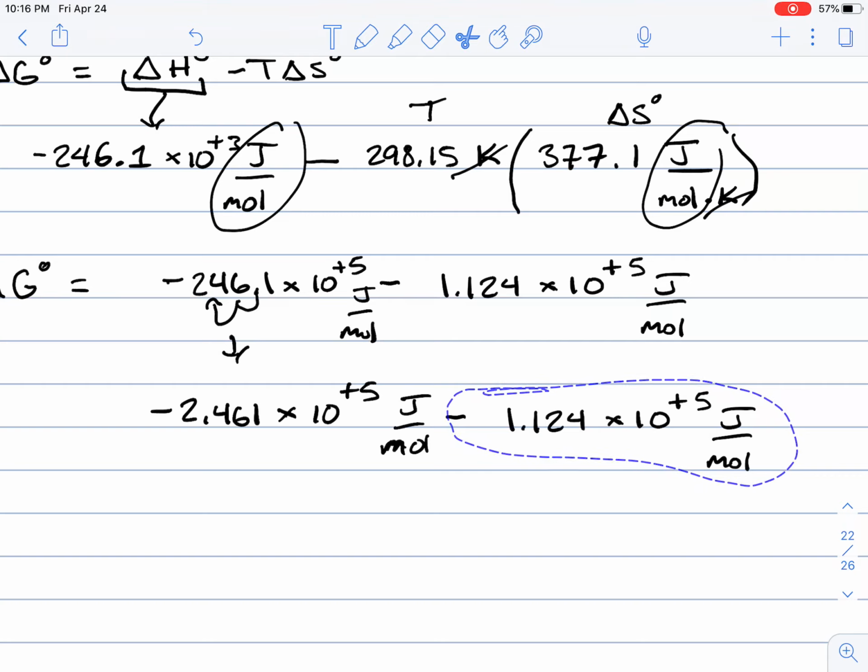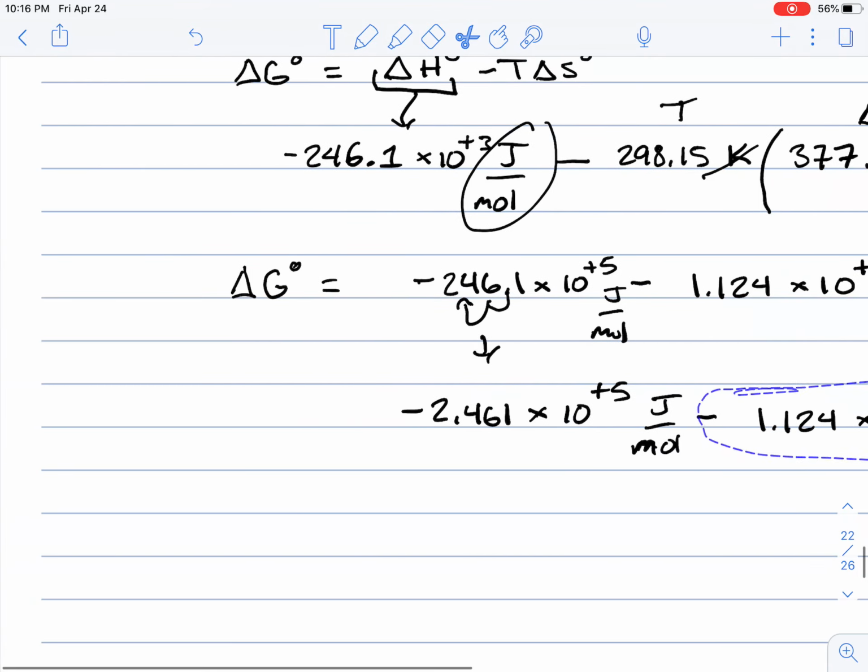All right, so the last thing that I'm going to do is just subtract these two. So here I have negative 2.461 times 10 to the positive 5 minus 1.124 times 10 to the positive 5.